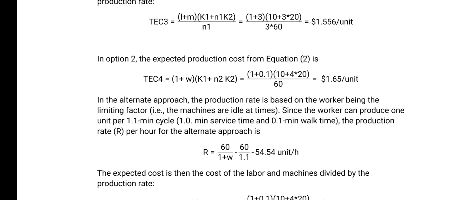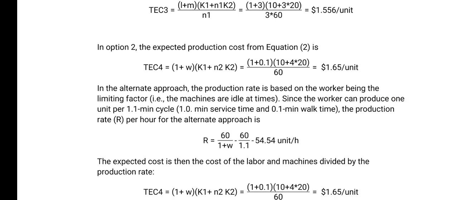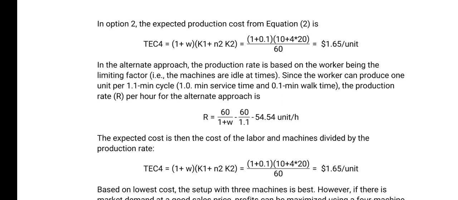In the alternative approach, the production rate is based on the worker being the limiting factor, or the machines are idle at the time. Since the worker can produce 1 unit per 1.1 minute cycle, or 1 minute service time and 0.1 minute work time, the production rate R per hour for the alternative approach is 54.54 units per hour.